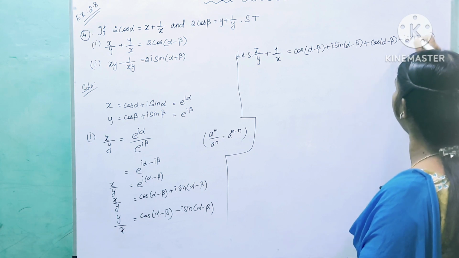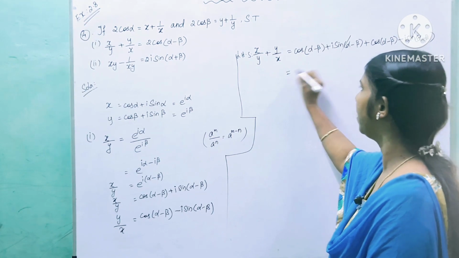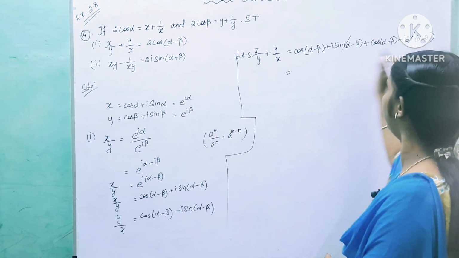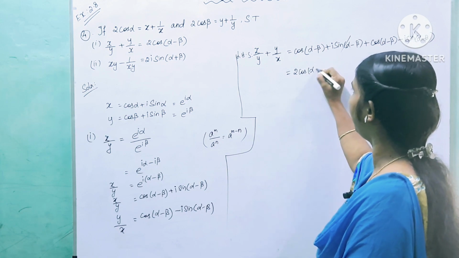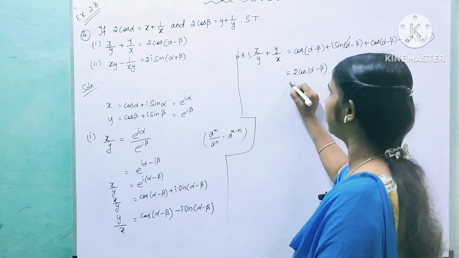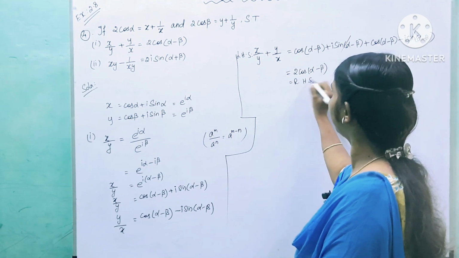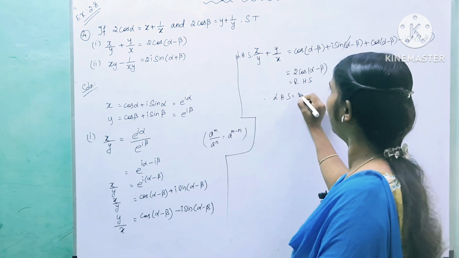So plus i sin alpha minus beta and minus i sin alpha minus beta cancel. Adding cos alpha minus beta gives 2 cos alpha minus beta. So we got the RHS. Therefore LHS equals RHS.